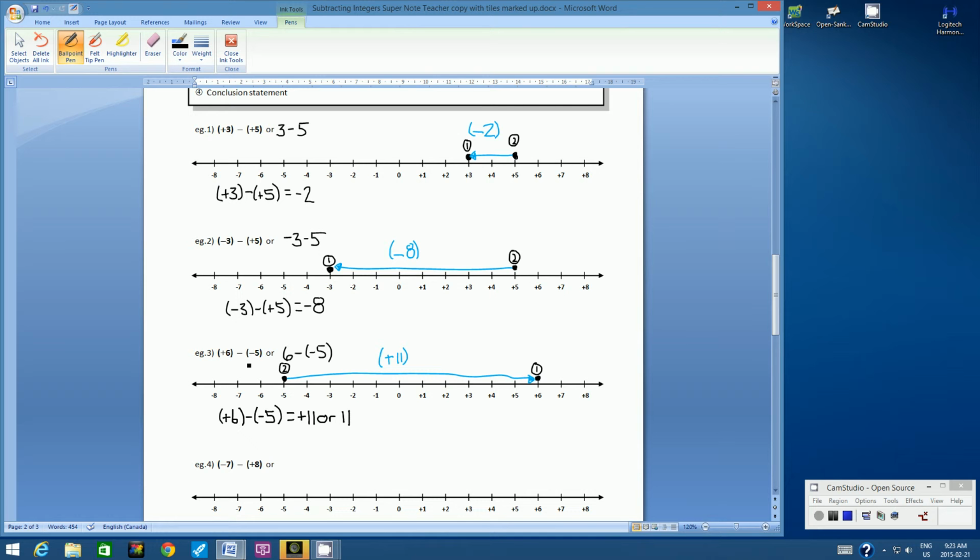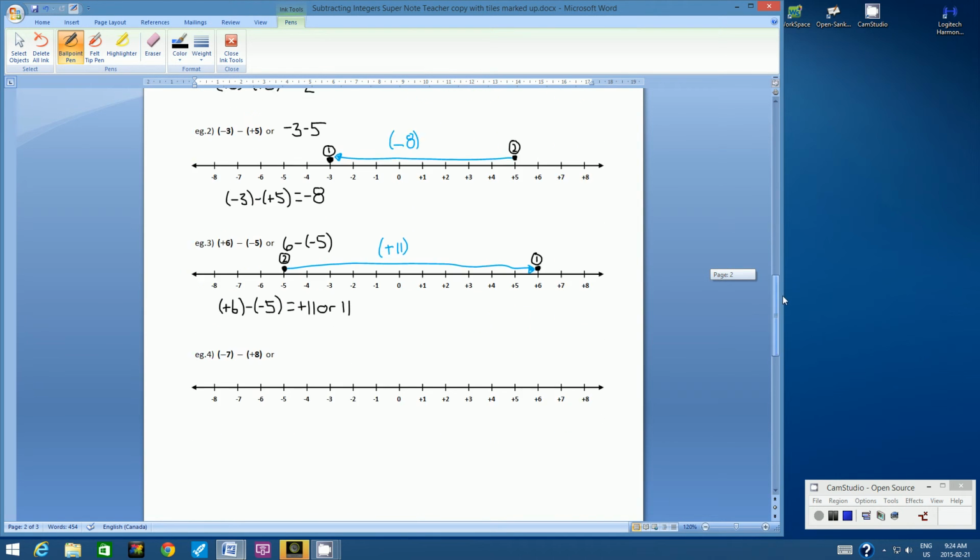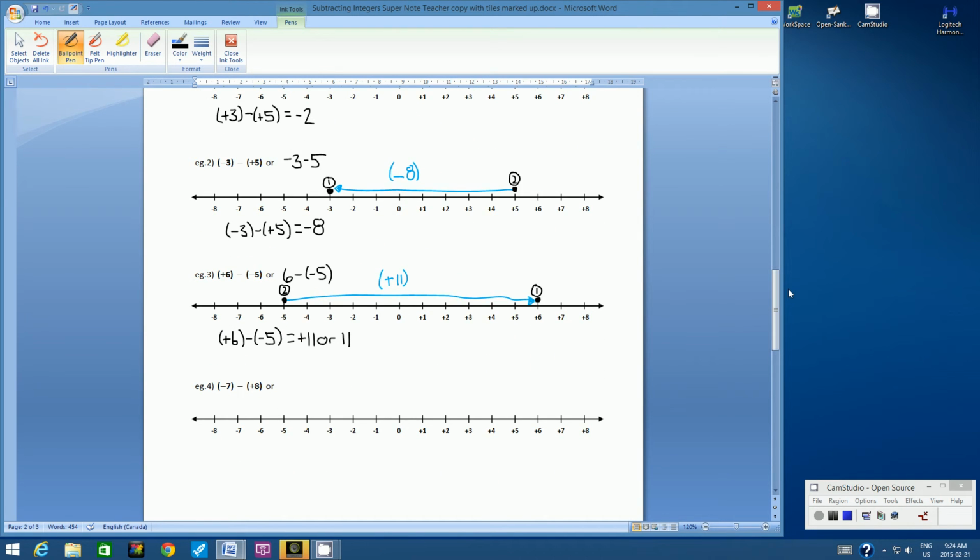All right. So as you're working through these questions, I need you to come up with some rules here. We've got a positive integer, we're subtracting a negative integer, but then we get an even greater positive integer. Okay, so keep that in the back of your head. All right, let's go on to the last example, example 4.